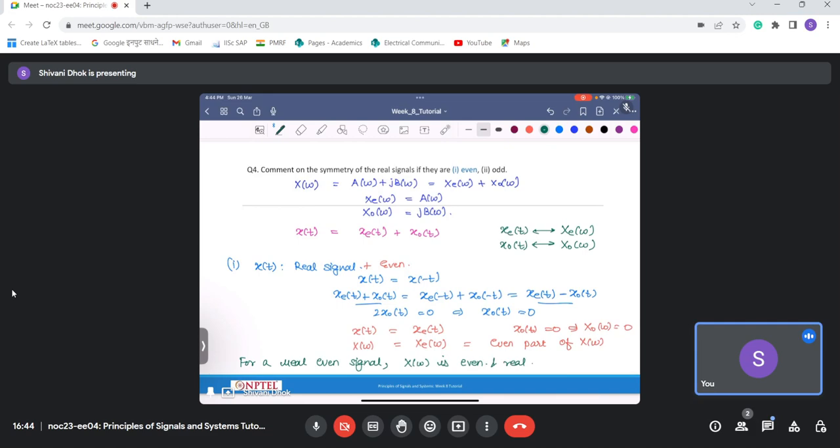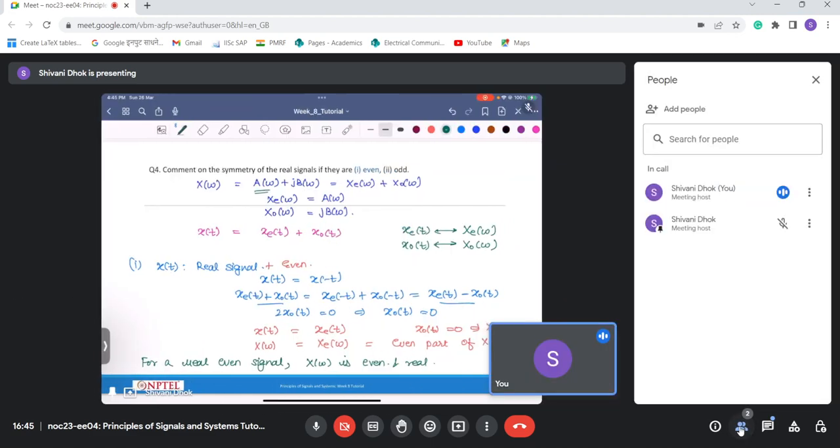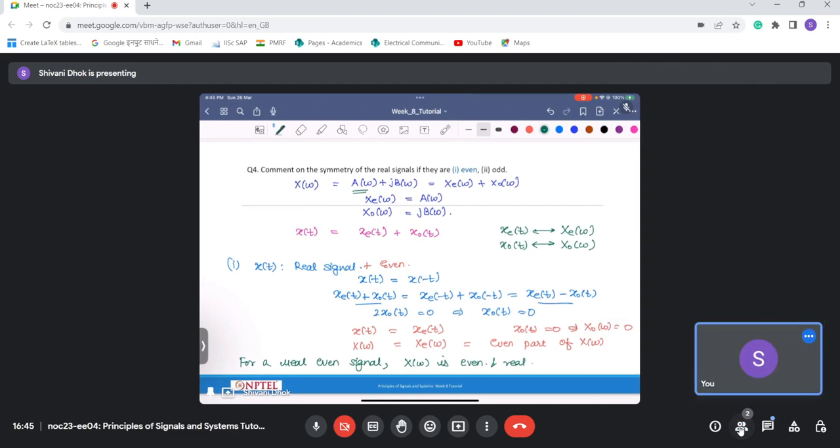Note that this Xe of omega is simply A of omega, which is the real part of X of omega, even and real. So this is an important property which sometimes helps us when we are working with some objective type questions.